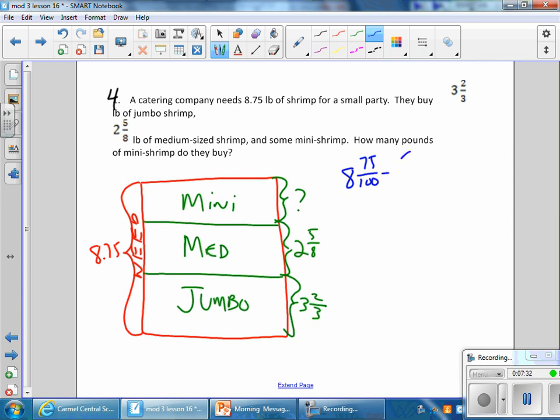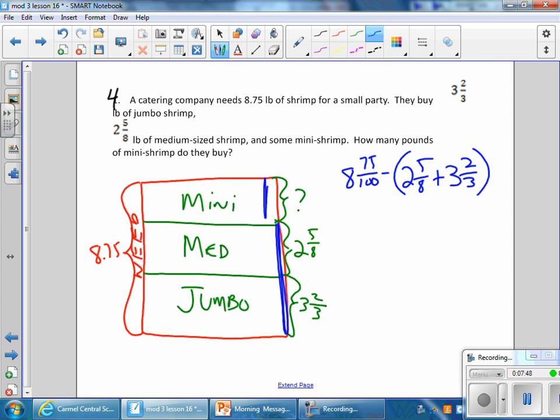And I'm going to subtract that from the total of 2 5/8 plus 3 2/3. Finding the difference between this total and the entire amount.